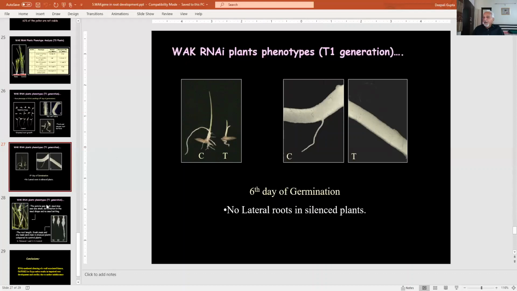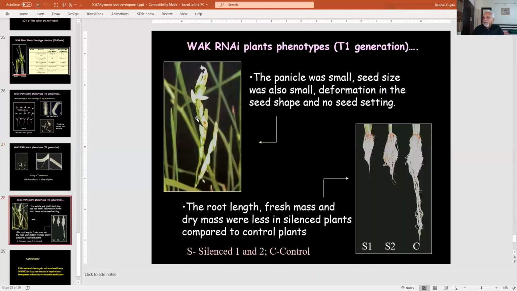If you see here in the T1 generation, when similar studies were made with the inflorescence, you can see the panicle is small sized and there is no seed set.